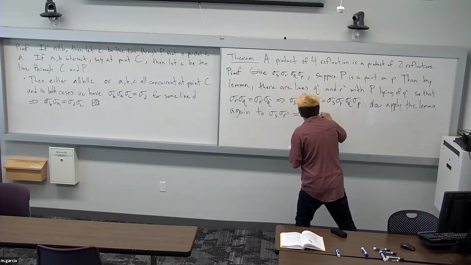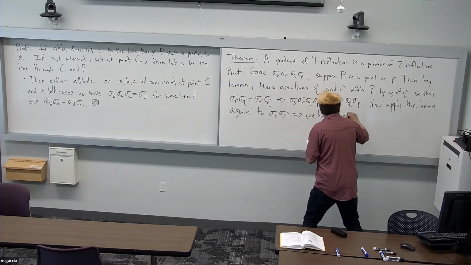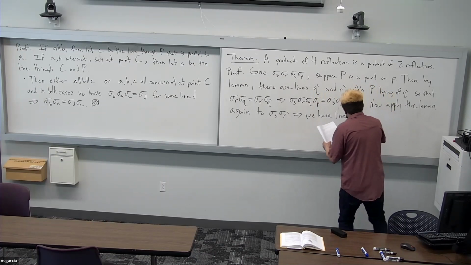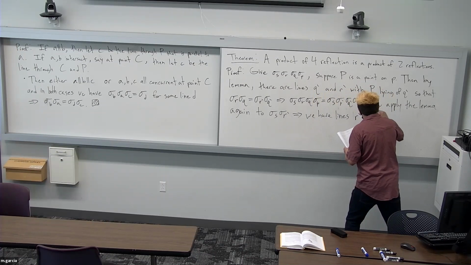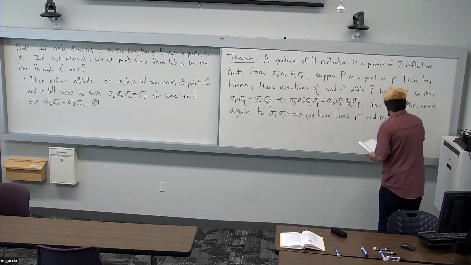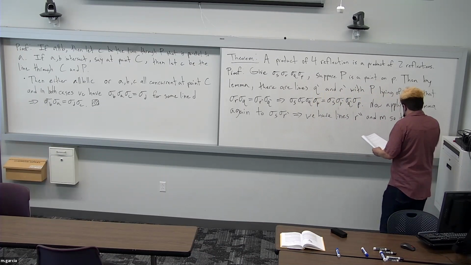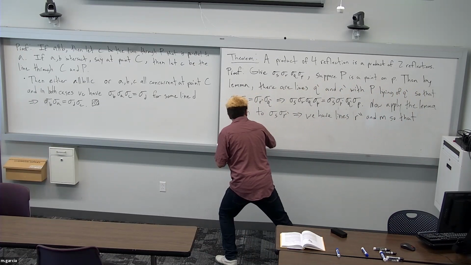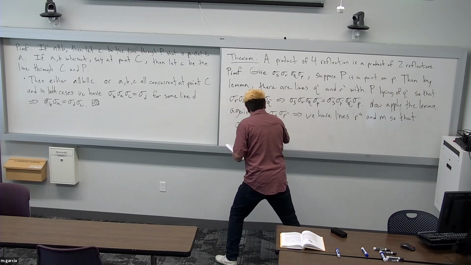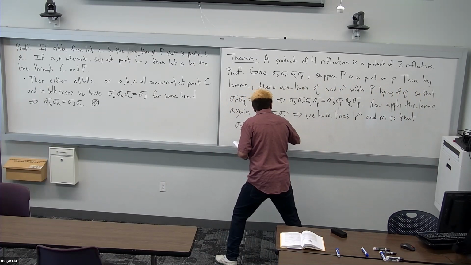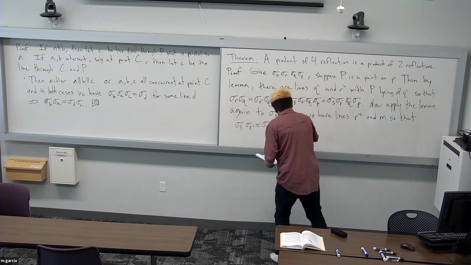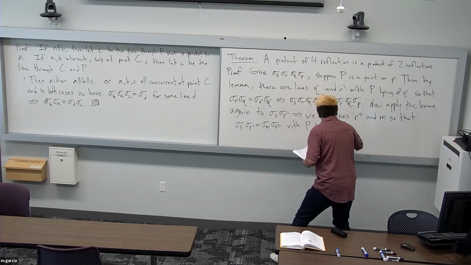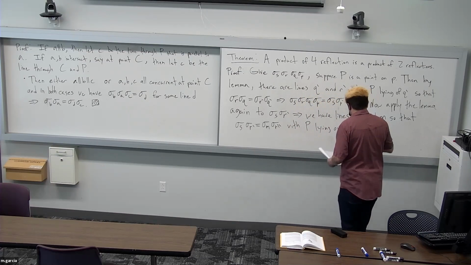So we have lines R double prime and M, so that sigma S, sigma R prime is equal to sigma M, sigma R double prime, with P lying on R double prime.